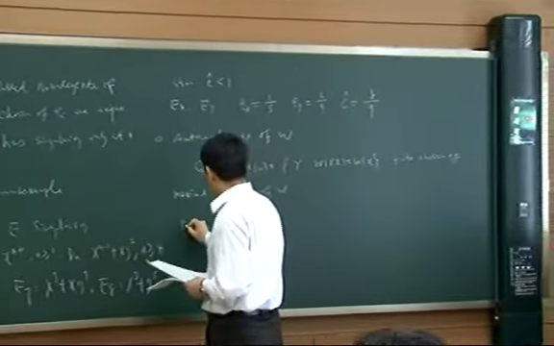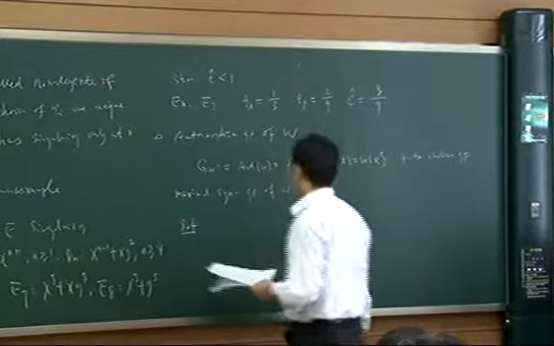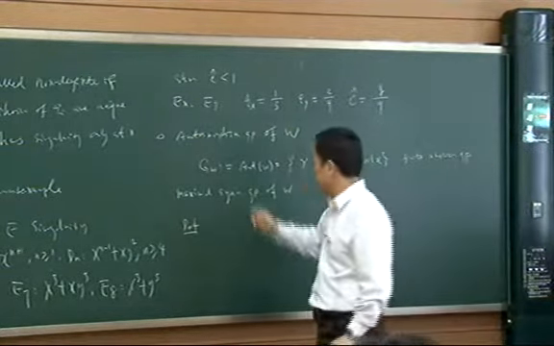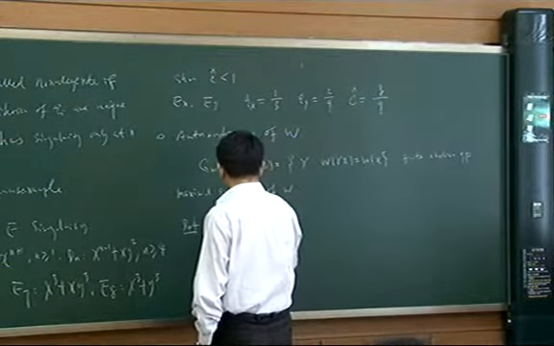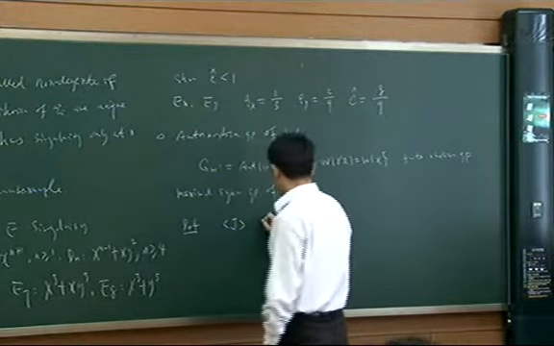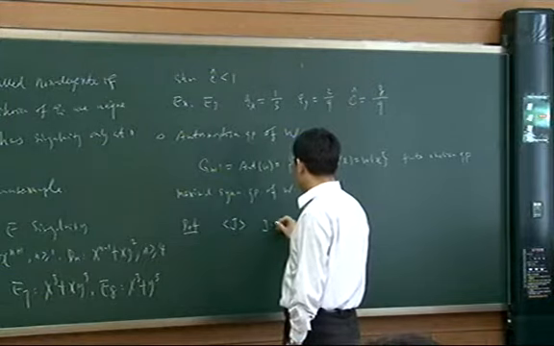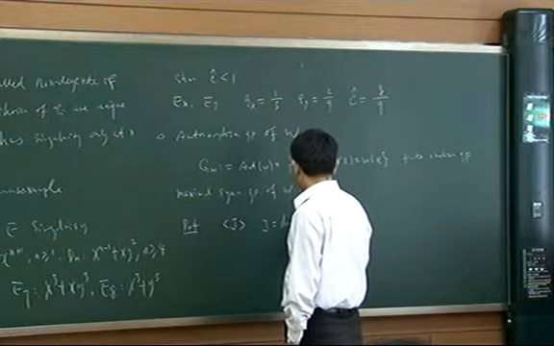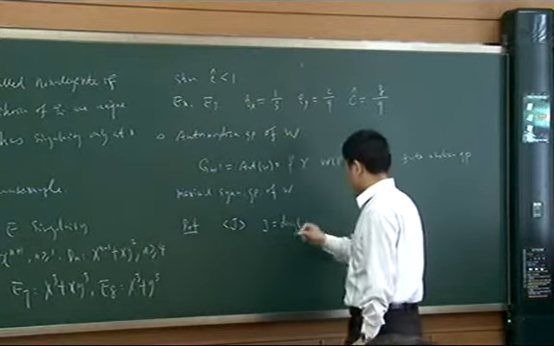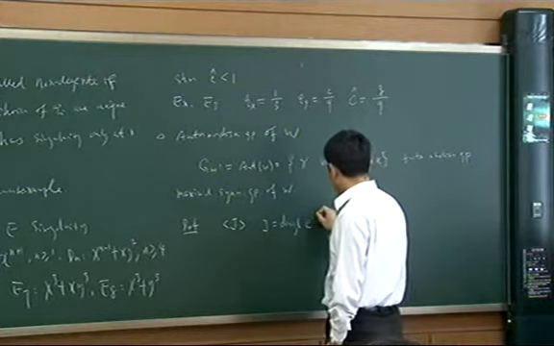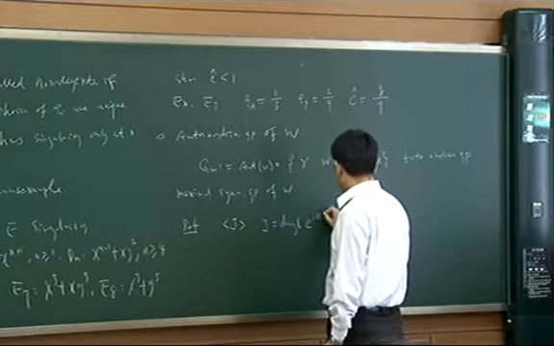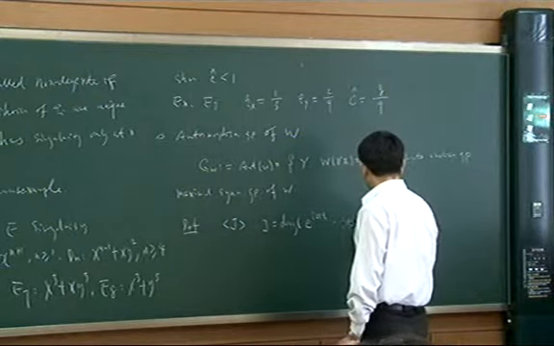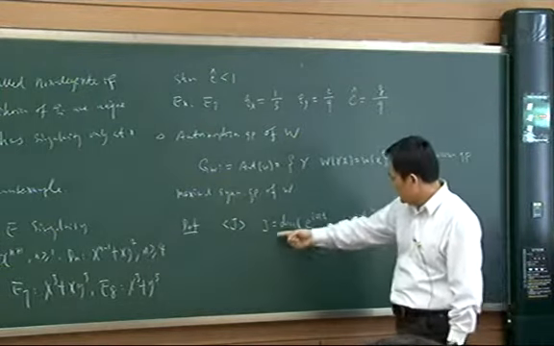Another definition: there is a special subgroup in G_W generated by J. J is a diagonal matrix with this form: e^{2πi q1}, ..., e^{2πi qn}.